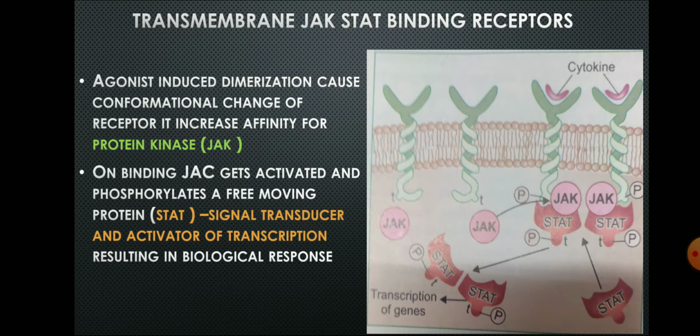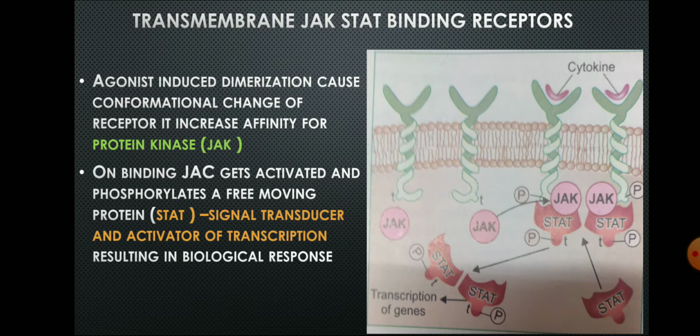Okay, so in this figure many receptors are shown. So when the agonist binds, it induces dimerization और basically conformational change हो जाता है receptor का, जिससे उसकी affinity बढ़ जाती है for some protein kinases which is called JAK. Okay, so JAK is nothing but a protein kinase, right?